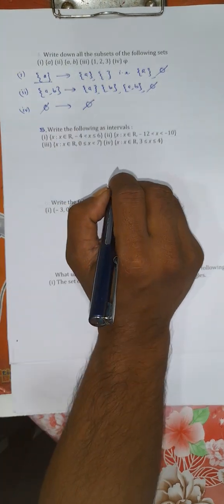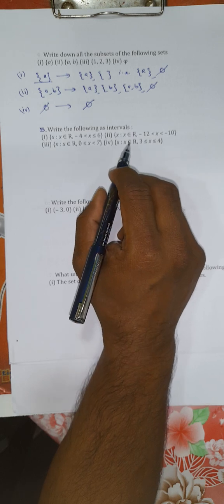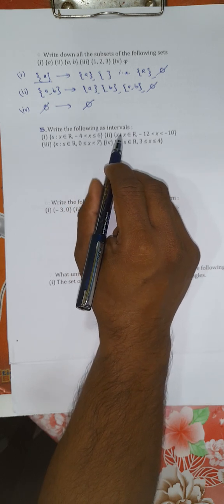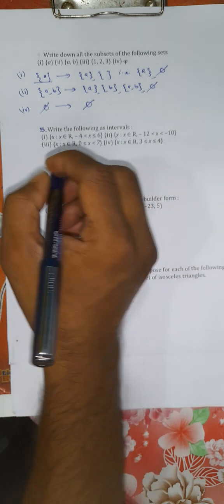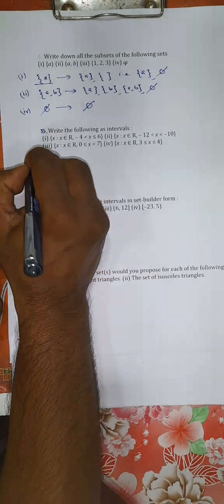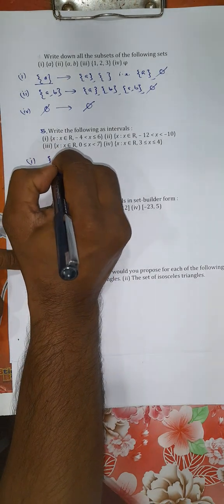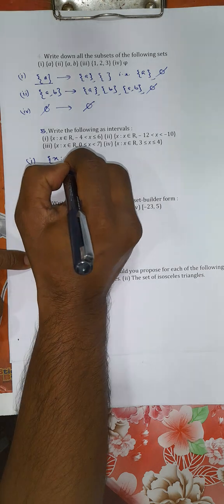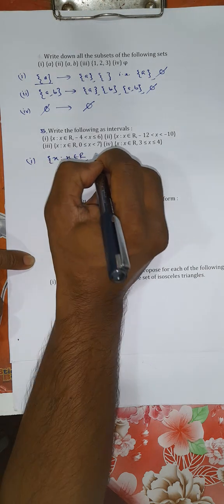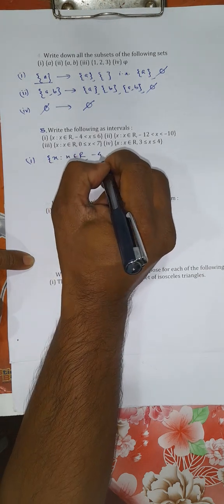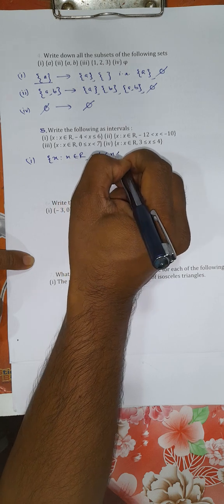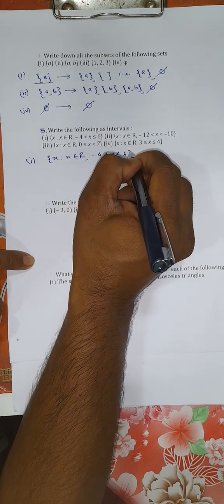Write the following as intervals. So question number 1, it says x such that x is a real number, minus 4 less than x, x less than or equal to 6.